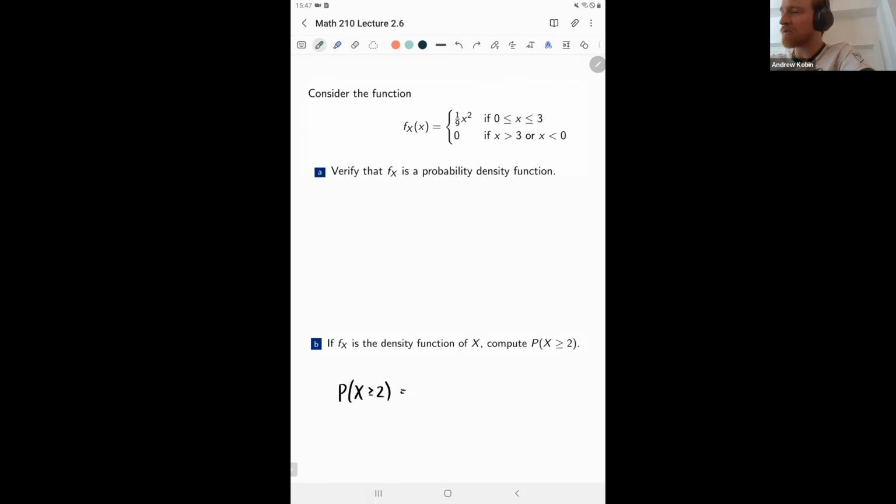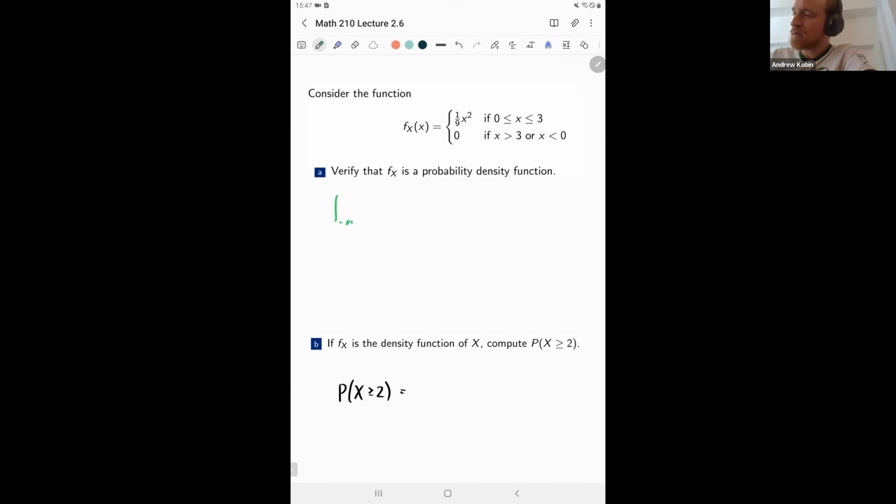And now what we really need to do, and usually this is the case, it's easy to check the first property, is we want to integrate our function from negative infinity to infinity, f of capital X dx. And what's really going on here is that outside of a certain finite interval from 0 to 3, the function takes on the value 0.